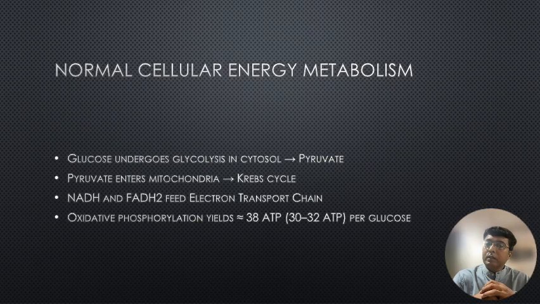Actually, glycolysis has two phases. Number one, the investment phase, where 2 ATP is utilized, and in the payoff phase 4 ATP is generated. So ultimately the resultant 2 ATP will be generated in the glycolytic pathway.